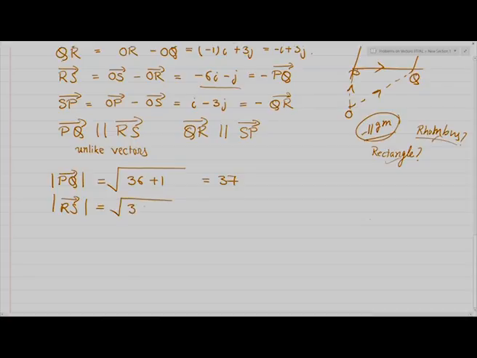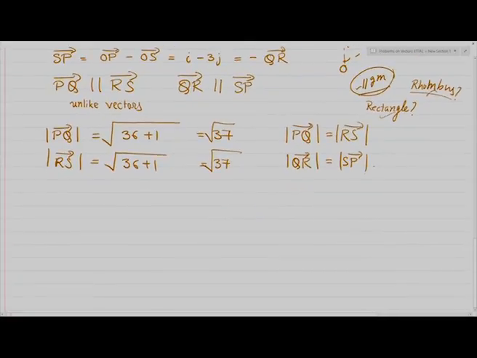So, it will be 36 plus 1 again, so this is again equal to root 37. So, what we have again shown is mod of PQ bar is equal to mod of RS bar. Similarly, we can do the other part, that is mod QR bar is equal to mod SP bar. Okay. So, again this ascertains that this is a parallelogram.